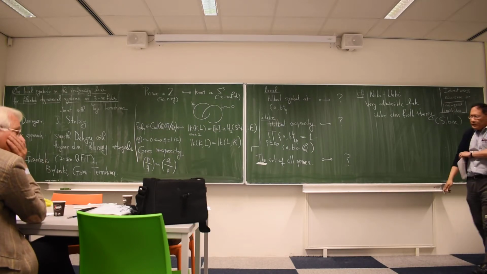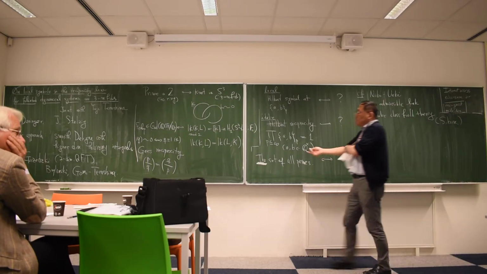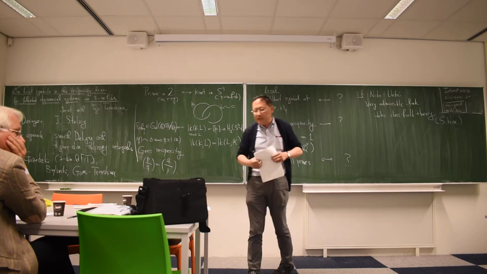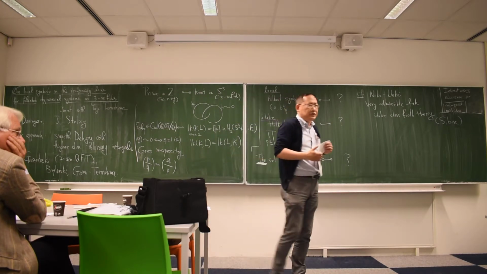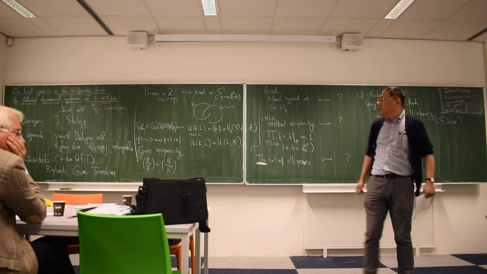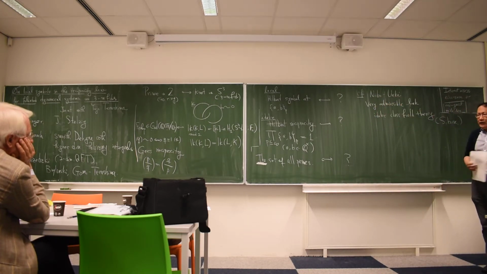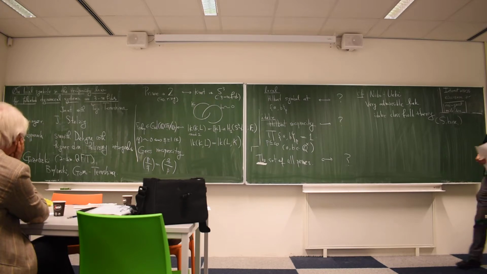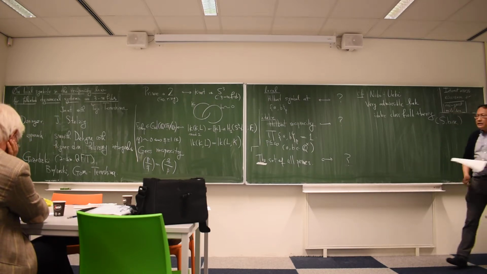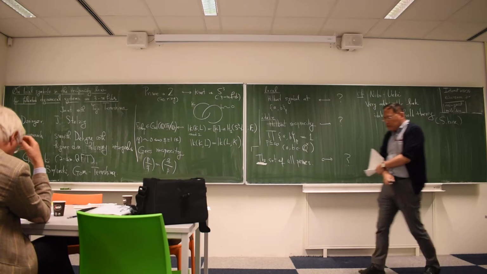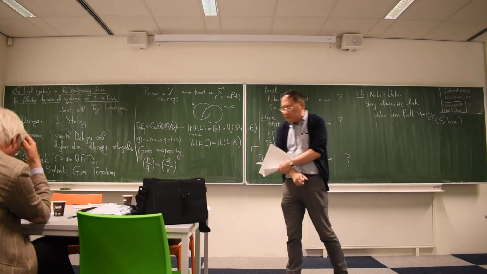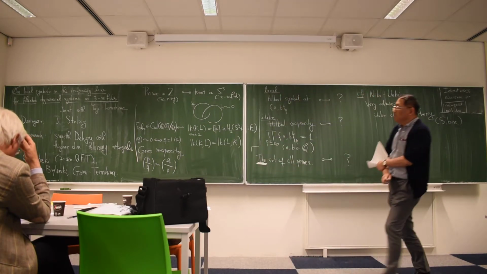But you see, a number field is not just an algebraic field. It has a metric, analytic structure because it is embedded in the p-adic fields and the real and complex number fields, as Minhyong talked about. So it is natural to put an additional analytic structure on the three-manifolds.